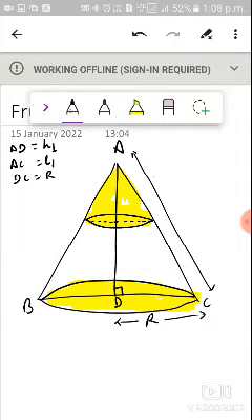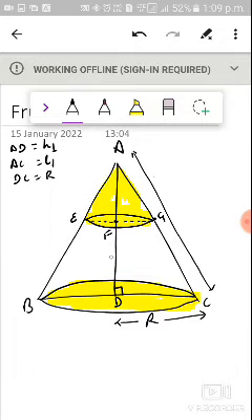Let me name the points. Suppose this is point E, this point is F, and this point is G. Now the solid EGCB is called the frustum of a cone.